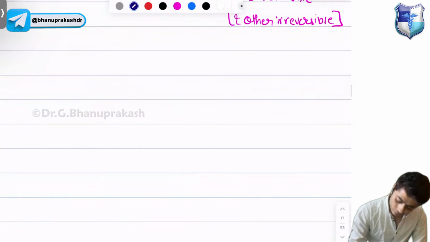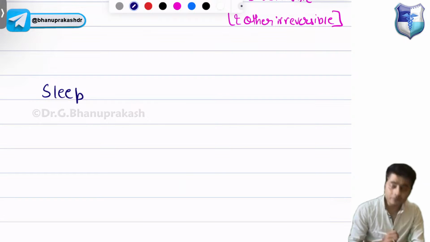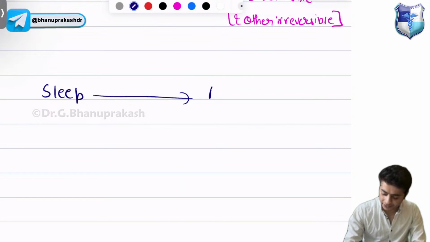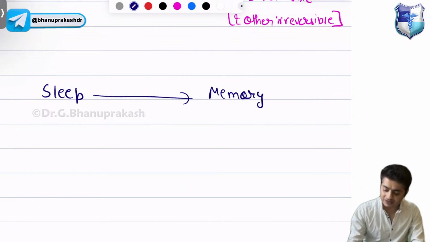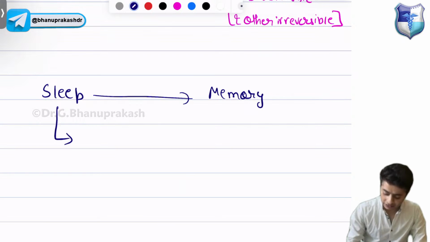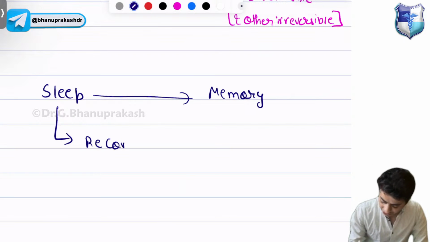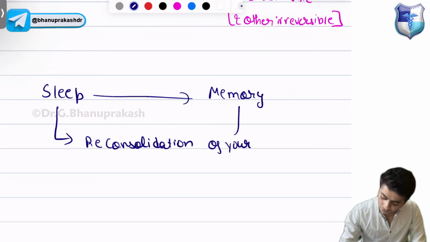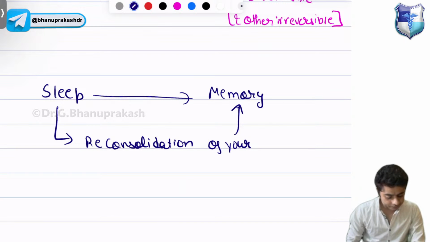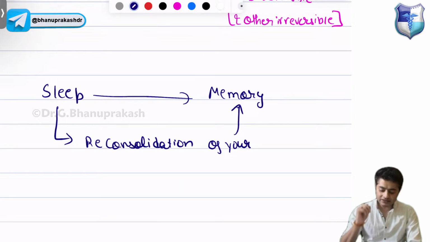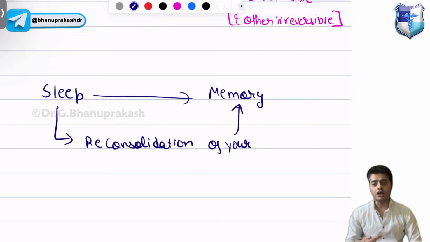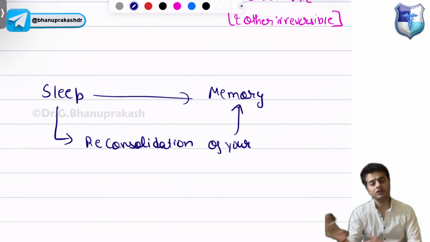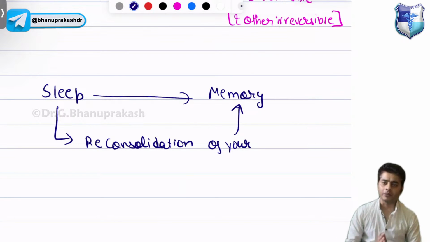See, sleep is all about memory, because when you sleep, there is reconsolidation of your memory. Sleep is all about reconsolidation of memory. So how good you are at sleep is directly related to your memory.